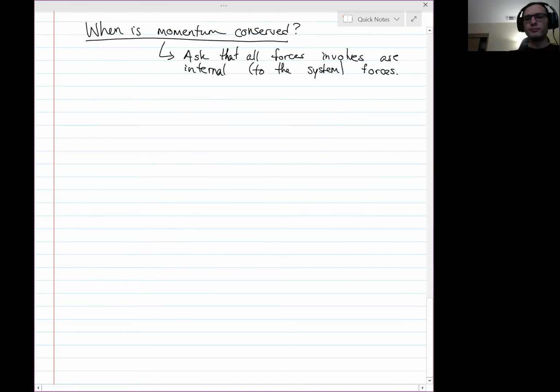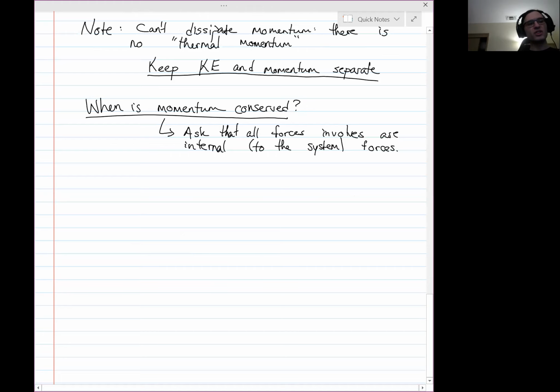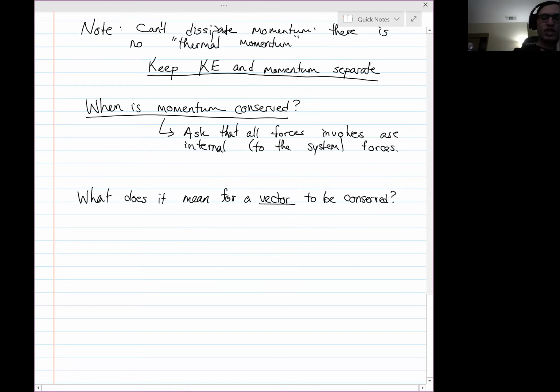Now, there is this whole business of partial momentum conservation, and I just want to briefly gloss over this. So what does it mean for a vector to be conserved? I kind of have swept that under the rug until now. It kind of makes sense for a number to be conserved. It just means that that number doesn't change.